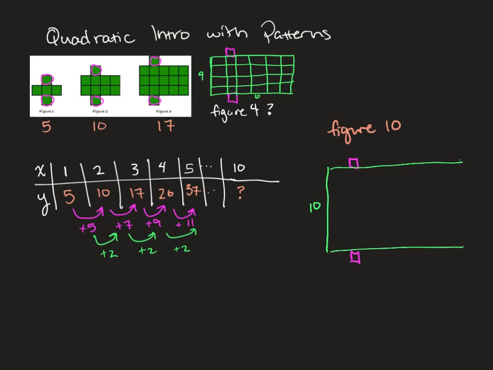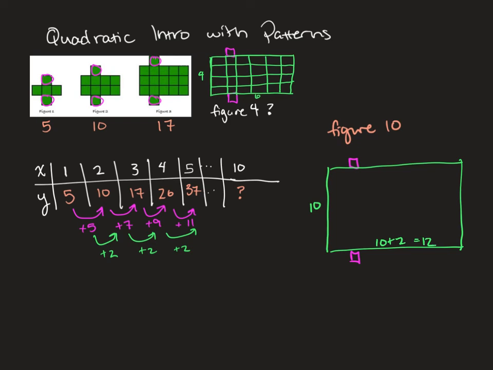And then, since I also can see that in figure 1, this is 1, 2, 3. In figure 2, this is 1, 2, 3, 4. Figure 3, this is 5. If I just add 2, 3 plus 2 is 5, 2 plus 2 is 4, 1 plus 2 is 3. I should just be able to say this is 10 plus 2, or 12.